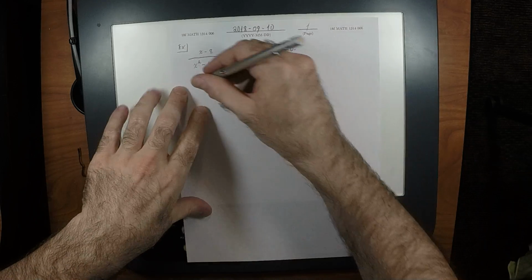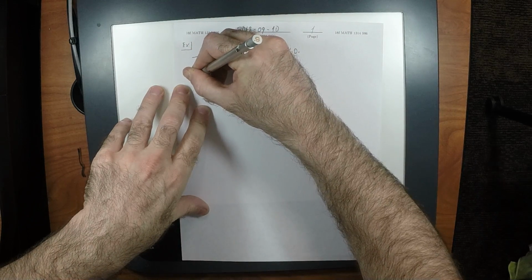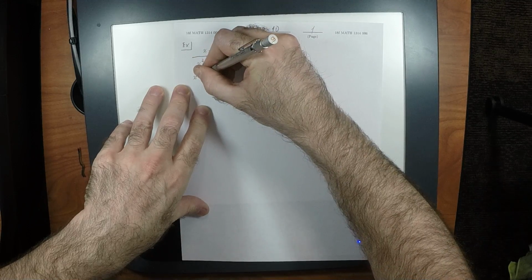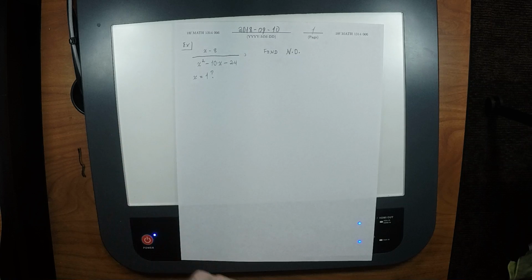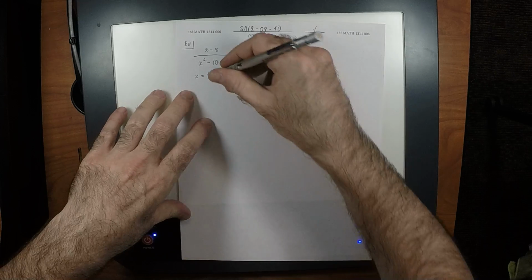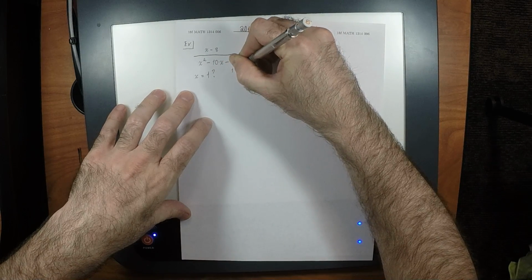Just to bring you back into the idea, is x equal to 1 in the natural domain? Is that one of the numbers that's allowed? How do you confirm or deny? Let's plug it in and see. In the numerator that'd be 1 minus 8, which is negative 7.